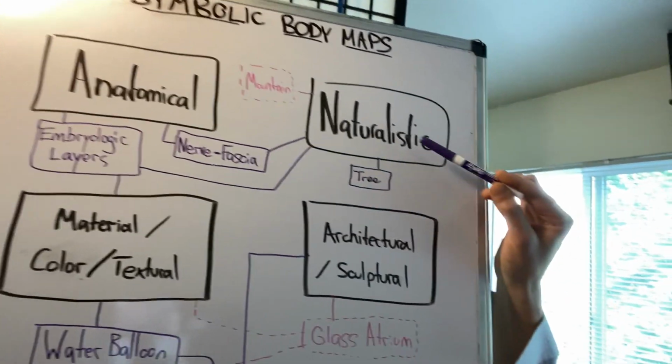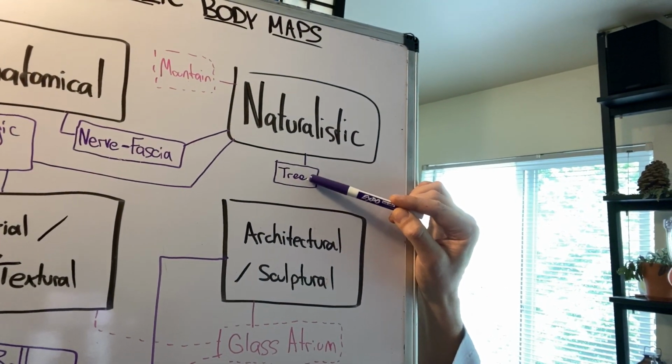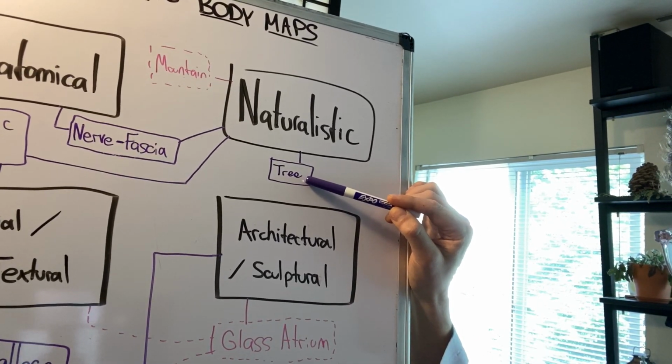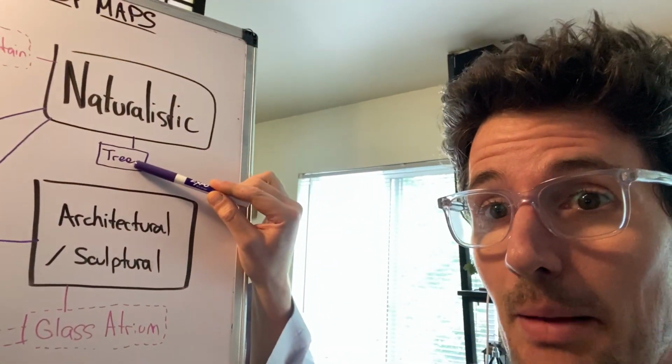Naturalistically, I also sometimes use a tree. I often use a tree in practice, especially in my own meditation practice. Something about rooting and lofting and growing toward something and centering yourself while things grow out from you. That's very helpful for me. So that's a solid map that I use.